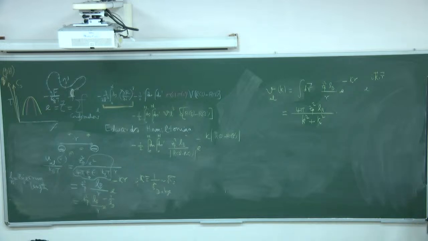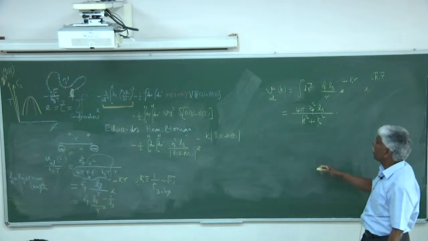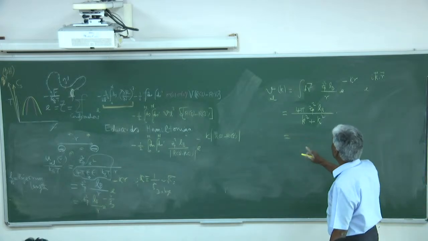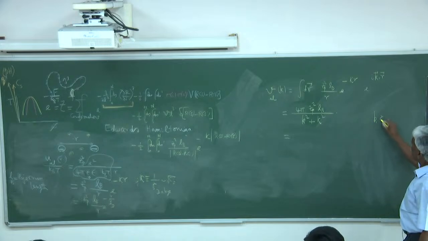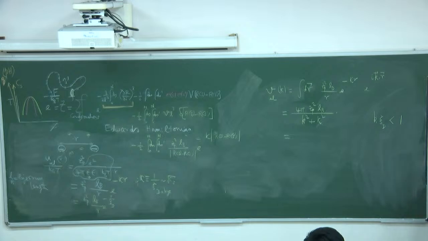When kappa is large, the Debye length is small. This is high salt, a large amount of salt. What happens? This turns out to be 4 pi Zp square Lb over kappa square.